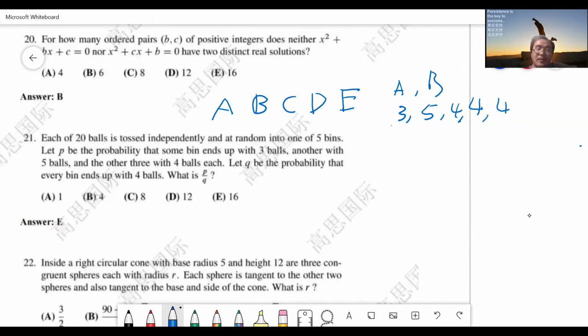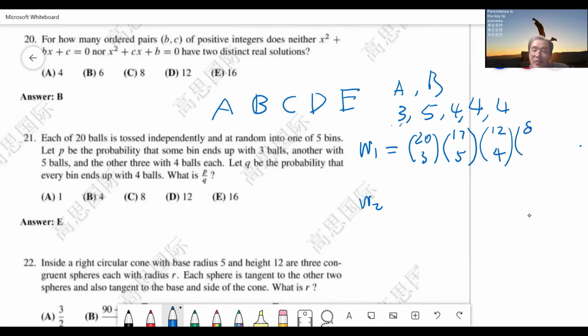Let's call this W1 for the first situation, and the second one W2. For the 3, that's 20 choose 3. Then we have 17 balls left, so out of those we have 17 choose 5. Continuing, the number of ways will be 12 choose 4, then 8 choose 4, and the last one is 4 choose 4.